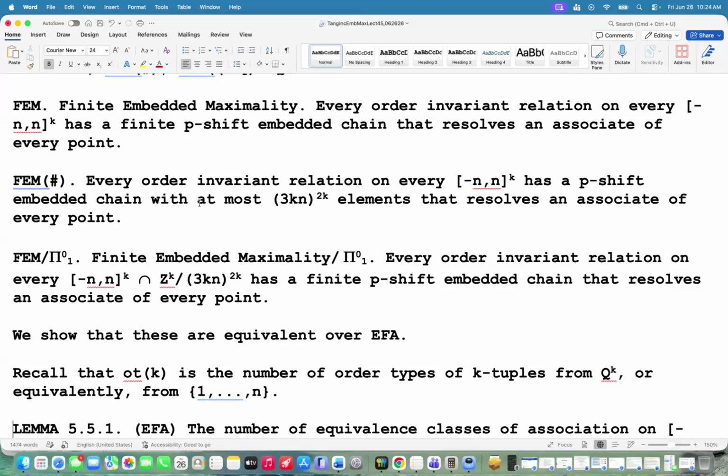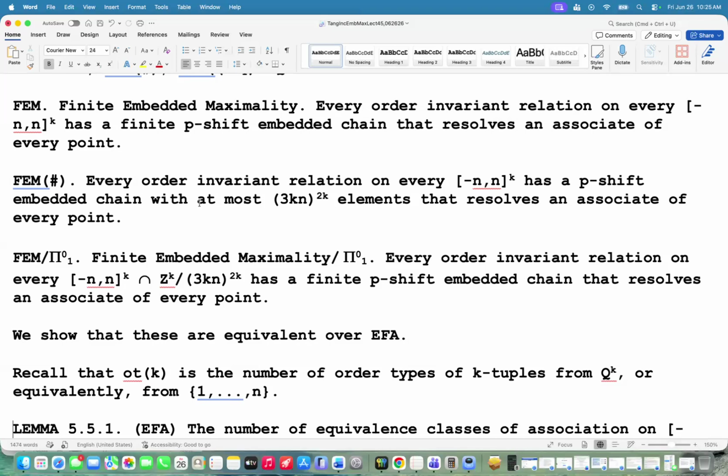But if I do that, it may not be p-shift embedded. But then from the previous lemma that we just talked about, you can always expand it to make it p-shift embedded, as long as it sits in an original space that's p-shift embedded, which we have here.